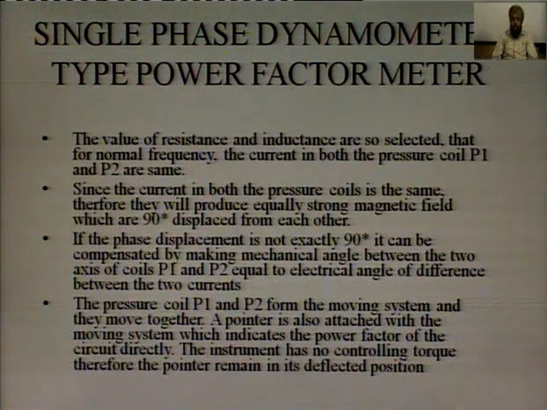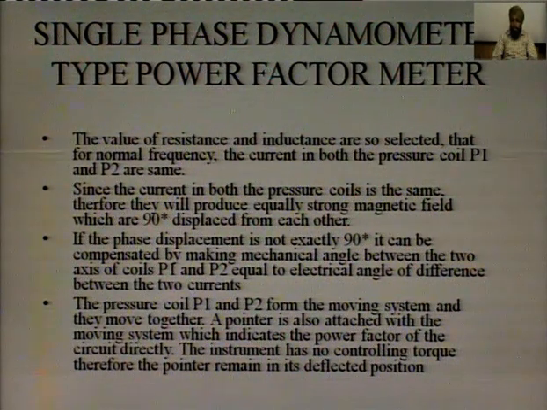If the phase displacement is not exactly 90 degrees, it can be compensated by making the mechanical angle between the two axes of coils P1 and P2 equal to the electrical angle of difference between the two currents. The pressure coils P1 and P2 form the moving system and they move together.